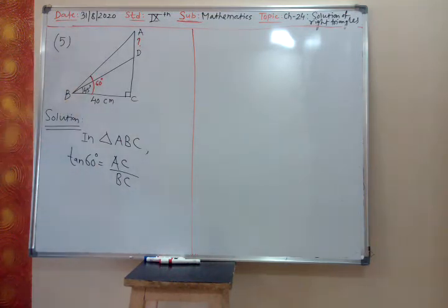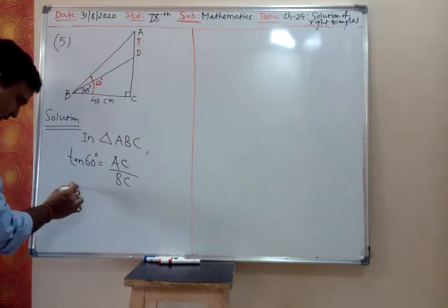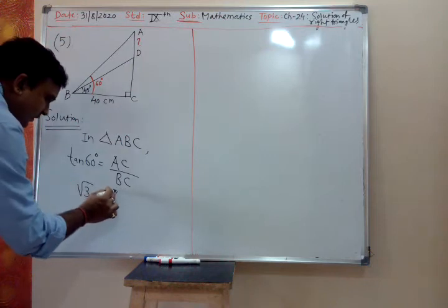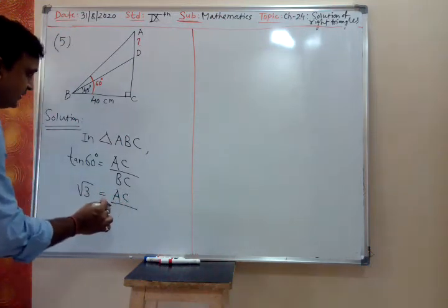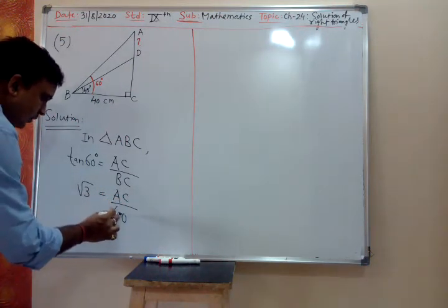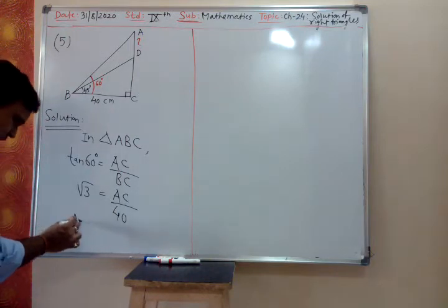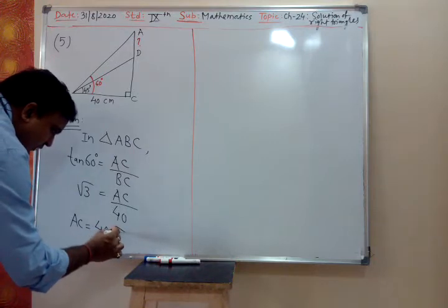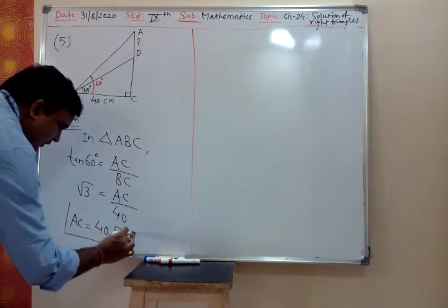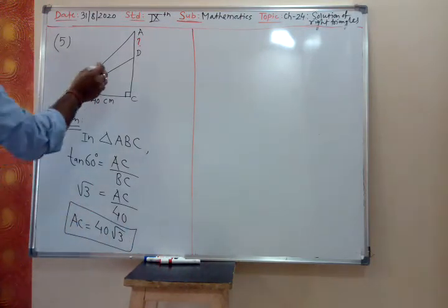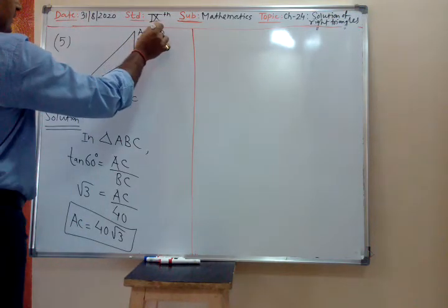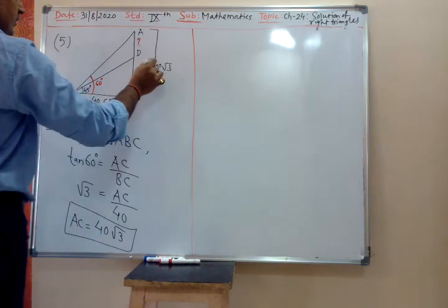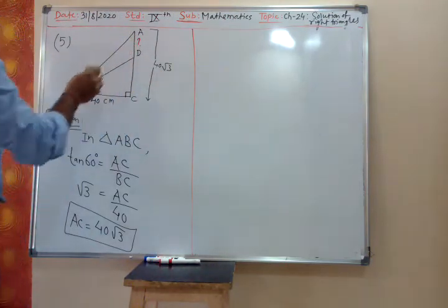What is tan 60 degrees? Root 3 is equal to AC, AC is not given, upon BC. BC is 40. You can take AC as 40 root 3. So this is my AC, the bigger side. The bigger side AC is 40 root 3.